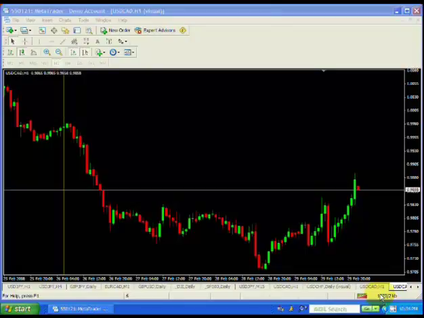So dynamic support and resistance is good for when you miss a move, when you miss your entry level. It can give you a good indication on how to get in on the move safely after you have missed your optimum entry point, and still get in and ride the move in the direction that the trend dictates.